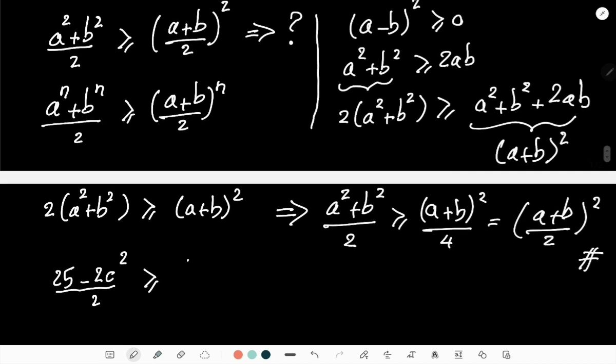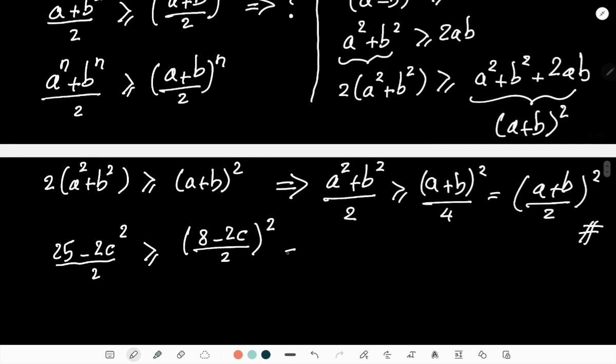So there we have 8 minus 2c divided by 2 to the power of 2. And that is already basically 4 minus c, to the power of 2.